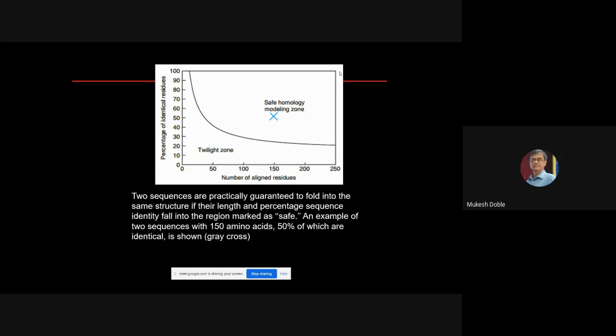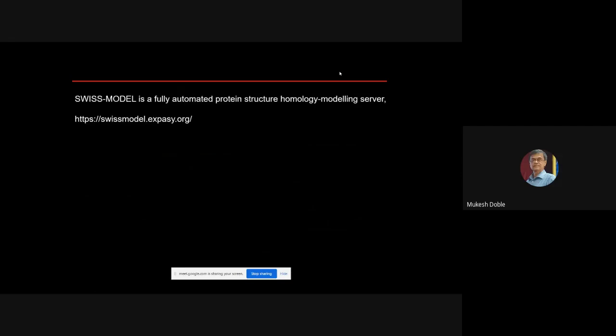Okay, that is how the evolution has gone. So even if you get 35% sequence similarity, if you are comparing more than 100, 150 sequences, then we can say the structure is conserved. So we can take a template and we build our model. So we use the Swiss model.